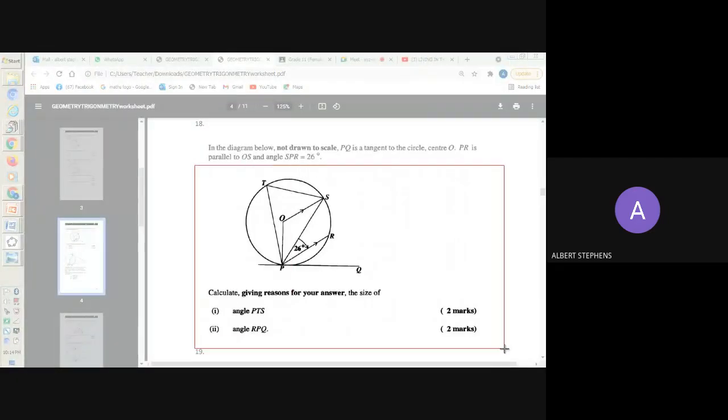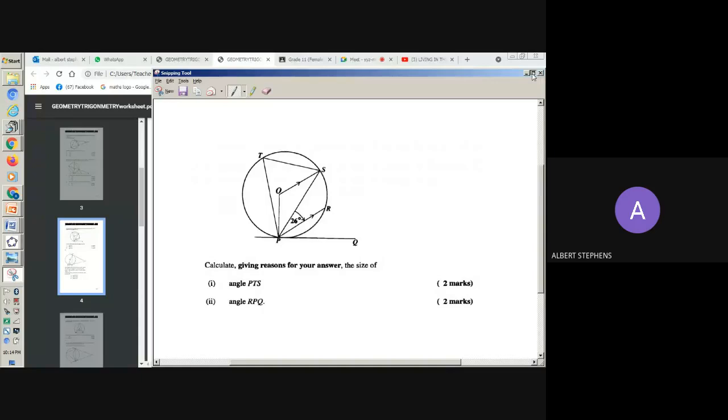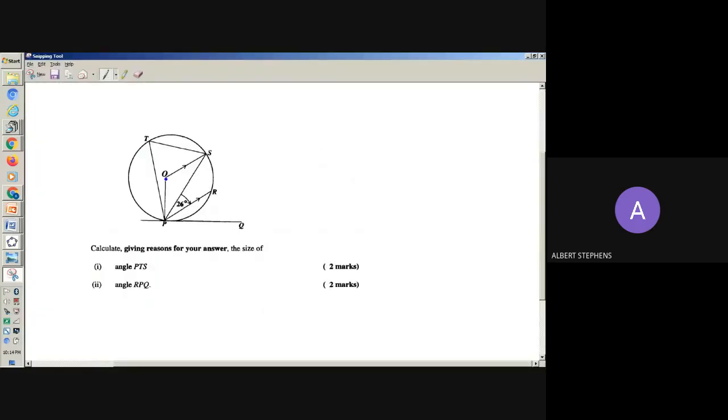So it's easy. Look, this is our Z, I shouldn't be saying Z, but alternate angles, right? That's our Z. And this is our diagram 1. And then this triangle here is our what? Isosceles.